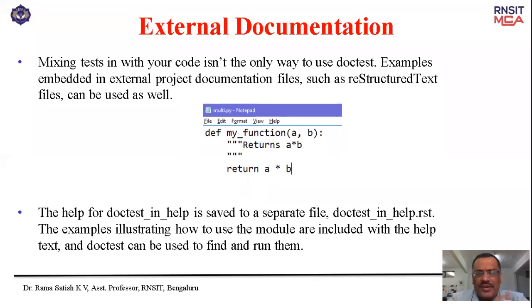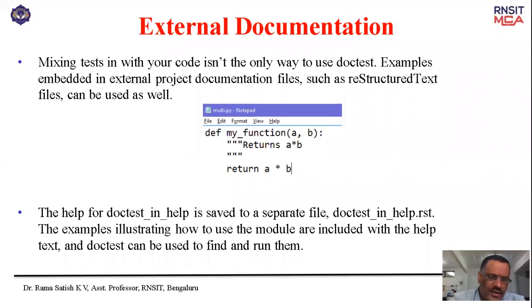Whenever you are doing doctest, all doctest cases you are writing in the doc string. But if I want to use it for writing some explanation, in that case, you have to write it as a separate file, the external documentation.